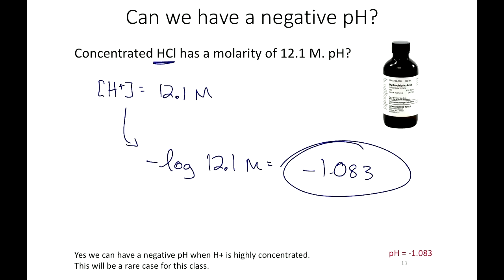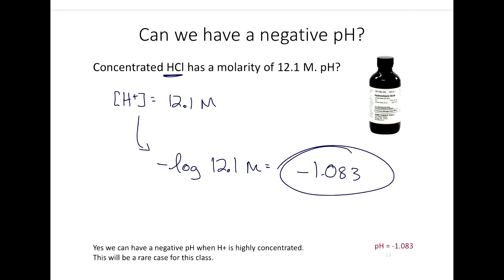So not going to be super common for this class, but you do work with this pH stuff in lab when you work with concentrated stuff. All right, so that's a negative pH. Okay. Anything with a molarity over 1 molar will actually have a negative pH if it's a strong acid, FYI. Okay, and that's just the rules with logarithms. Okay, so there we go.